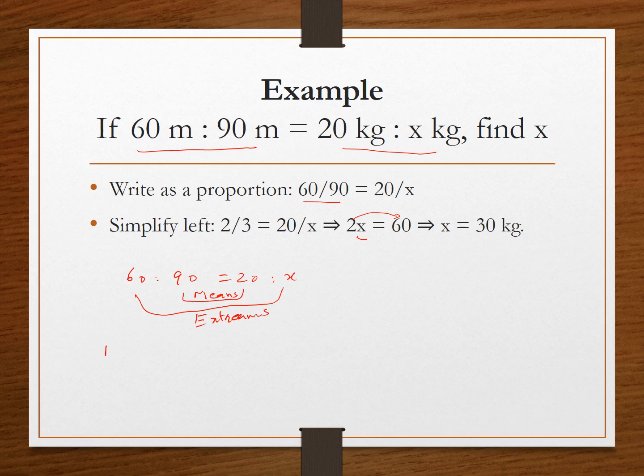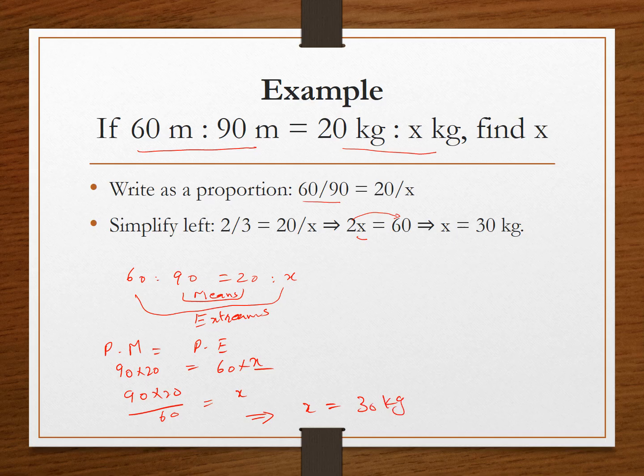So we will use the formula product of mean is equal to product of extreme. So 90 multiplied by 20 is equal to 60 multiplied by x. So we have to find the value of x. So 60 will be shifted on left hand side. After simplifying, we will get x is equal to 30 kg.